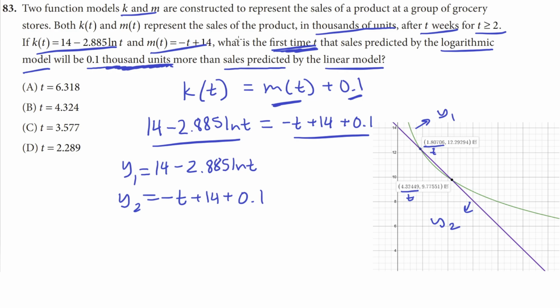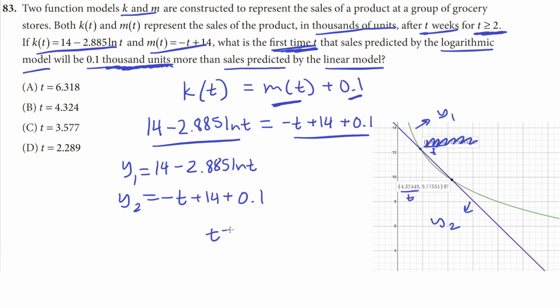But we also know that these models are only valid for t weeks for t is greater than or equal to 2. So this first point of intersection is at a value of t less than 2. So we can disregard this one. And that means that the first point of intersection is at t value of 4.32.